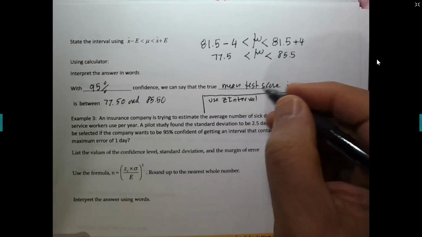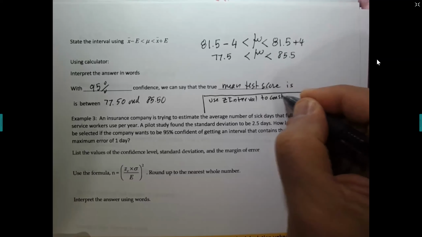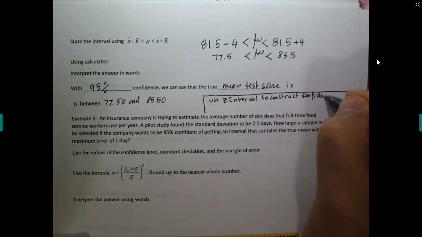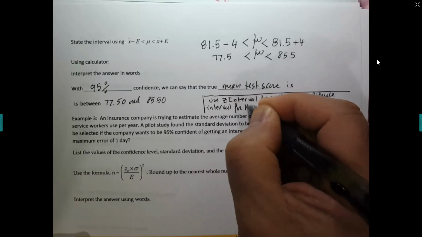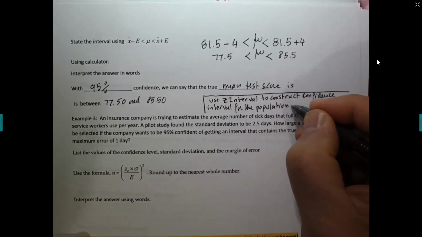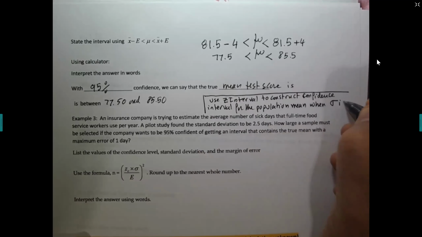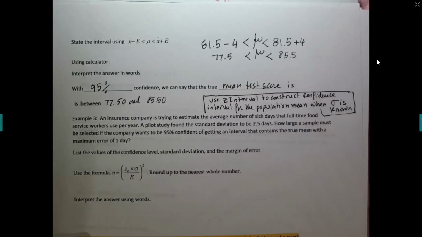I put a summary of all those calculator shortcuts to construct a confidence interval for the population mean when sigma is known. Sigma means population standard deviation. That's when we use a Z interval.